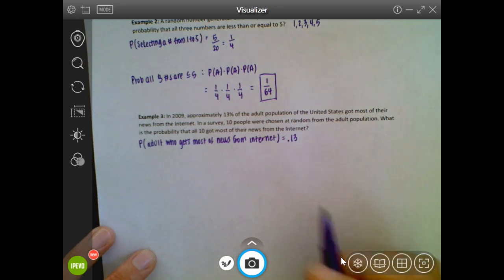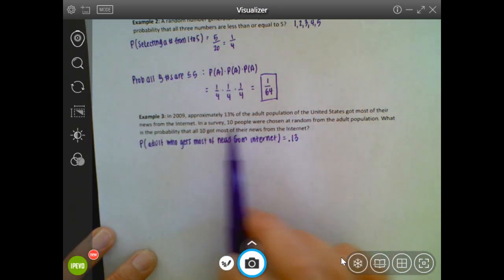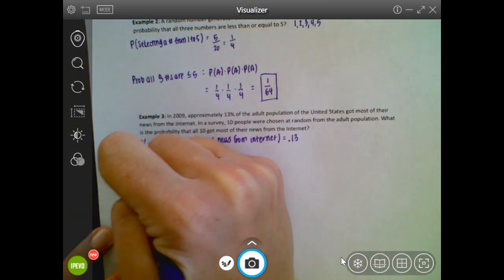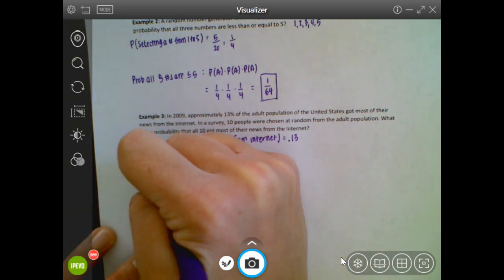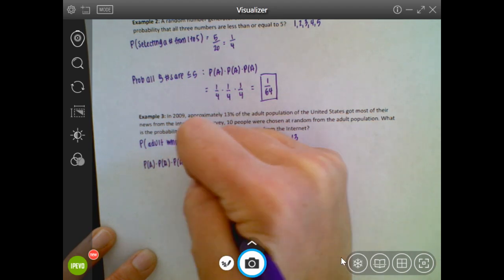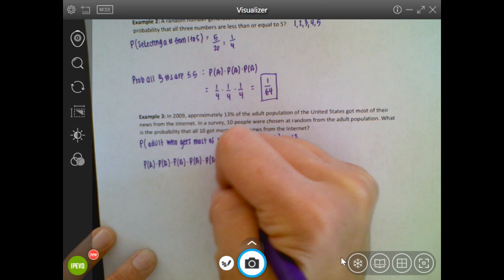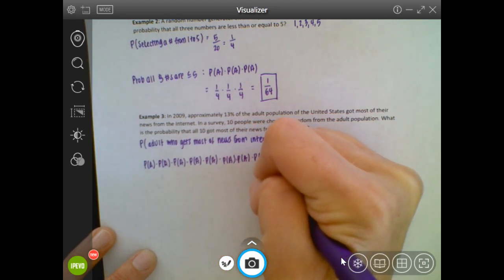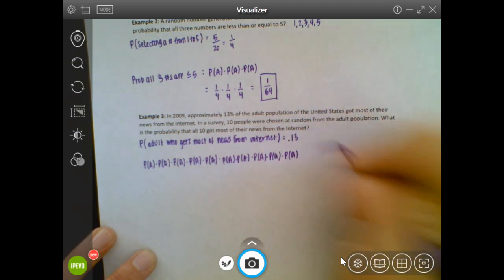Since these events are independent, the probability for all 10 of these people chosen at random would be the probability of event A, let's call it A, multiplied out 10 times, since we're talking about 10 participants in this survey. So that's 1, 2, 3, 4, 5, 6, 7, 8, 9, and 10.